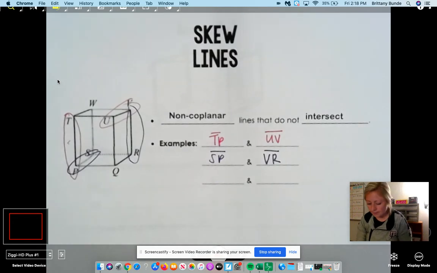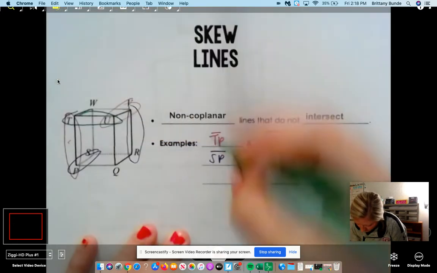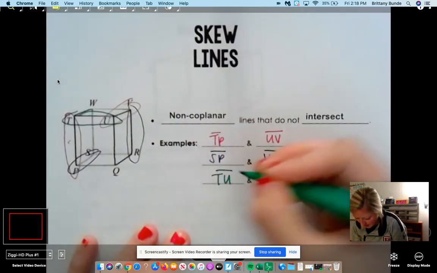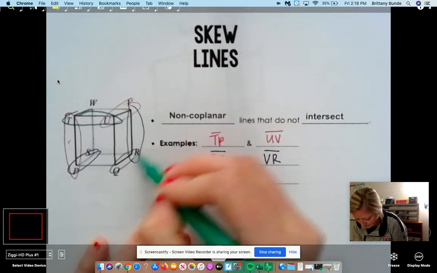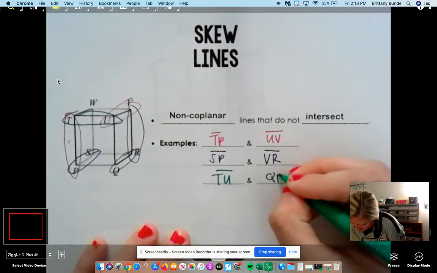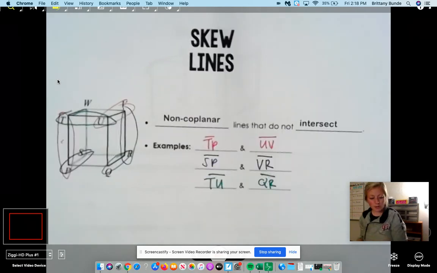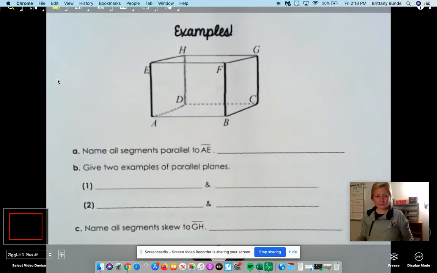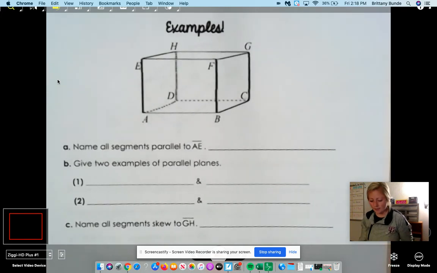I'm just trying to give you some. Or what if we did TU and QR? I'm just mixing it up. Like I said, many options. Just have one go up and down and one go side to side on opposite planes. Skew lines.